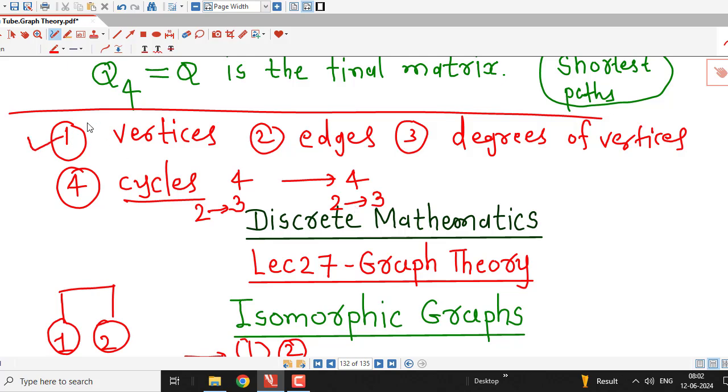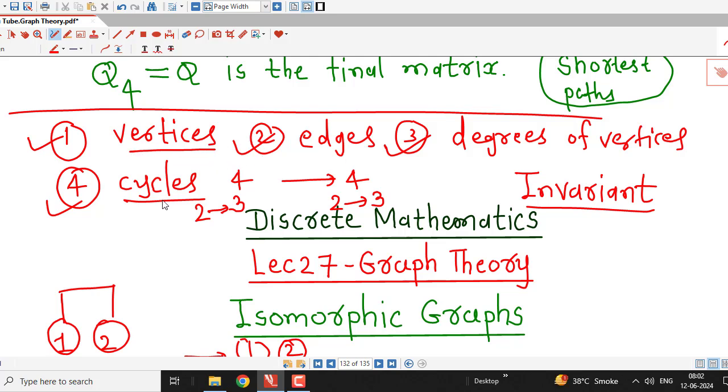So these are the properties which are invariant under isomorphism. A property is said to be invariant if it is satisfied by one graph, then it is satisfied by the corresponding graph also. So we will remember these properties which help us check whether graphs are isomorphic or not. And if at least one property is not satisfied, then we can directly say that the graphs are not isomorphic.